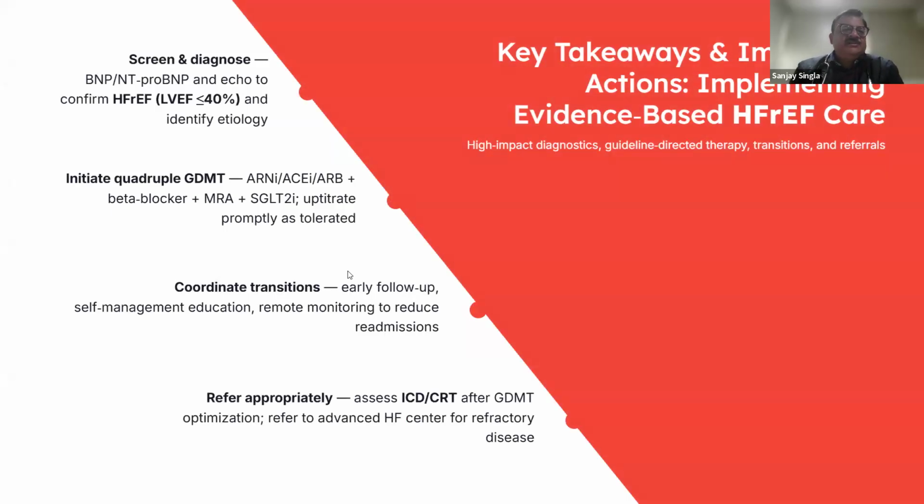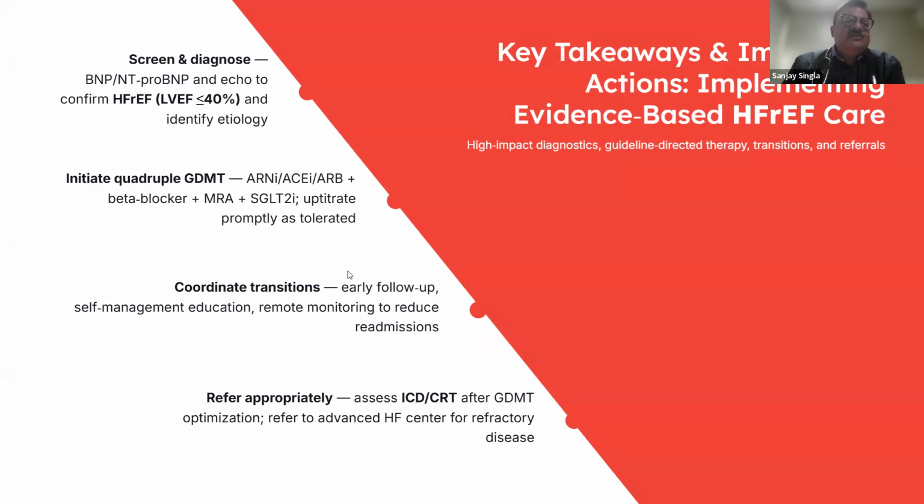So, what are the key takeaways? Screen and diagnose. We should see that the patient has EF less than 40% on echocardiography. If there is a GLS finding on that, it will be icing on the cake. We can see how much is the damage to the cardiomyocytes.